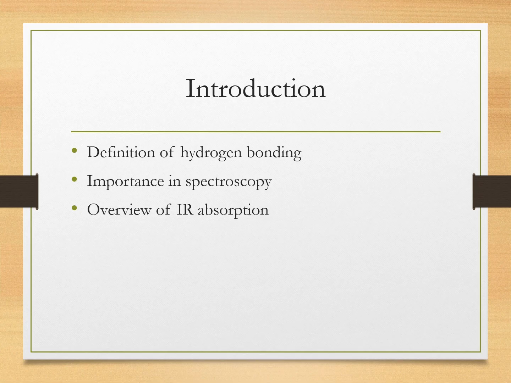In IR spectroscopy, hydrogen bonding has a strong influence on vibrational frequencies of hydroxyl group, amino group and sp-CH bonds. This presentation will walk through how these effects appear, how to recognize them, and how they help chemists in molecular identification.